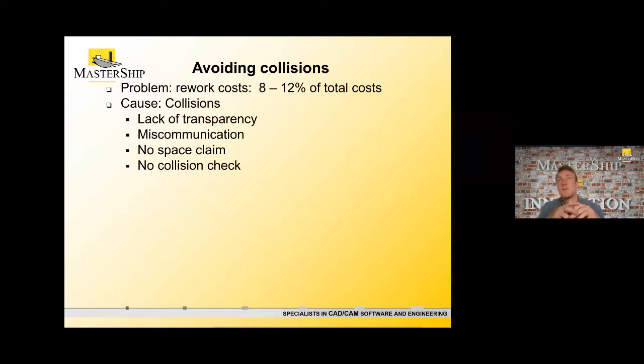The first type is a collision between the different disciplines. For example, piping crossing a bulkhead. That's a typical example where a lack of transparency is the cause. The subcontractors did not have a clear understanding of who is claiming which space.